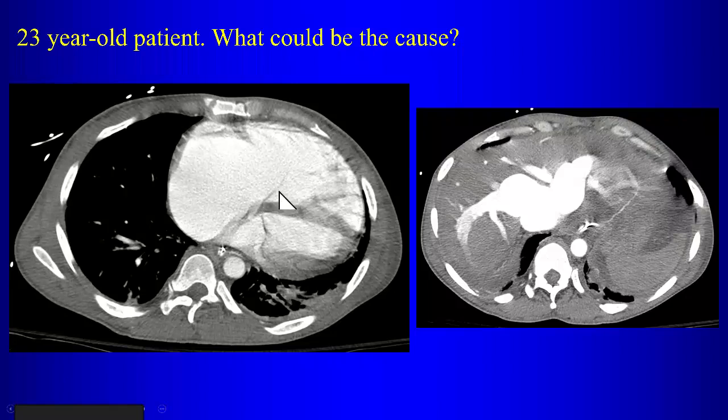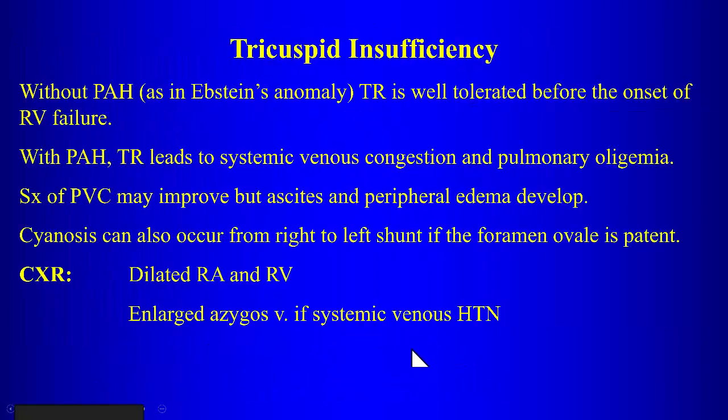So you look at the insertion of the septal leaflet. So with Epstein's anomaly, that's going to be displaced towards the apex of the right ventricle. Okay. So that's what you see with Epstein's. That leads to dysfunction of the tricuspid valve, and you'll get dilatation of the right atrium and the right ventricle in that condition. So you look at the location of the septal leaflet of the tricuspid valve.